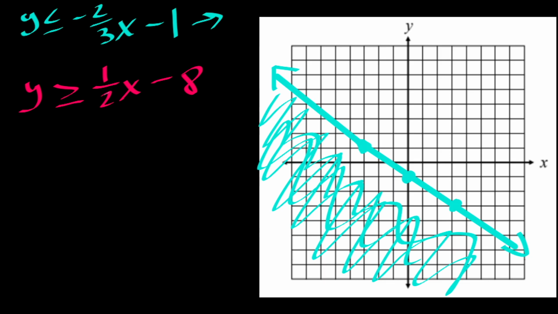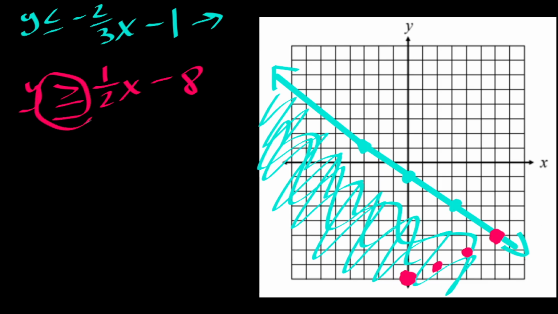So now let's go to the second equation. My y-intercept is going to be negative 8, so I'm going to go down 1, 2, 3, 4, 5, 6, 7, 8, all the way down here. And my slope is 1 over 2, so I'm going to go up 1 and over 2. I can make as many points as I need to. I'm just going to make a couple more points just so I can see. And once again, before we draw a line through that, we want to see if it's dotted or solid.